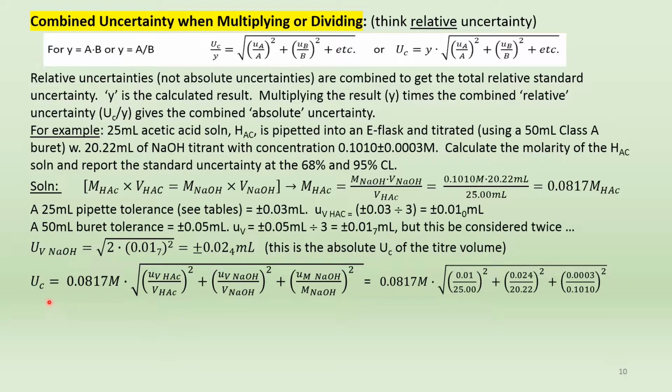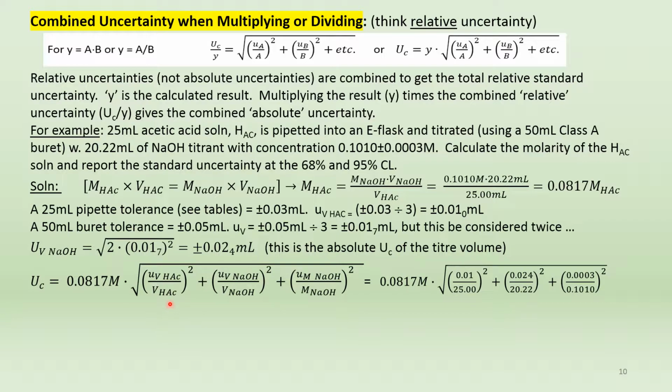So the combined uncertainty now on the concentration of acetic acid will be Y, that's the result, the molar concentration, which we calculated up here, 0.0817, times this term here, the root of the sum of the squares of the relative uncertainties.